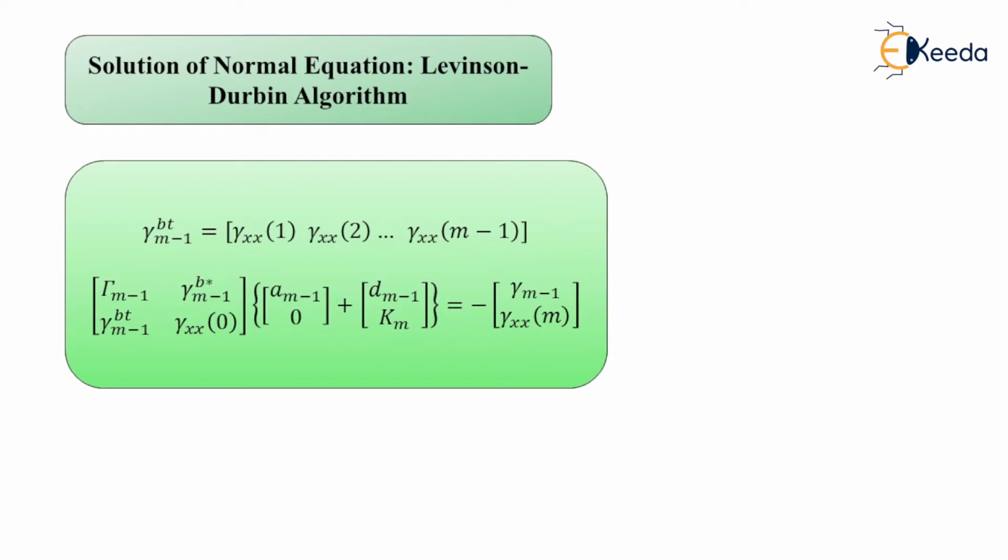The first one is the matrix a suffix m minus 1 with second entry 0, and this is added to the matrix form where we have d suffix m minus 1, and the second entry is the reflection coefficient for the mth order, capital K suffix m. On the RHS, this operation is equated to minus the vector where we have gamma suffix m minus 1, and the second entry is gamma suffix xx of m.